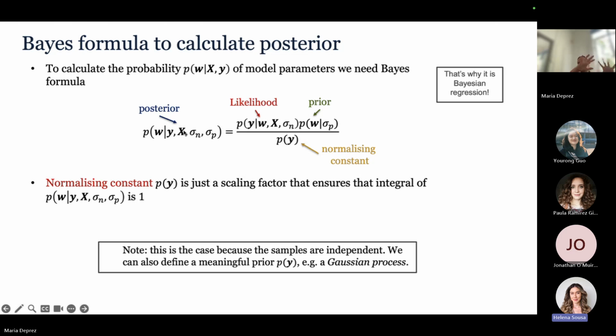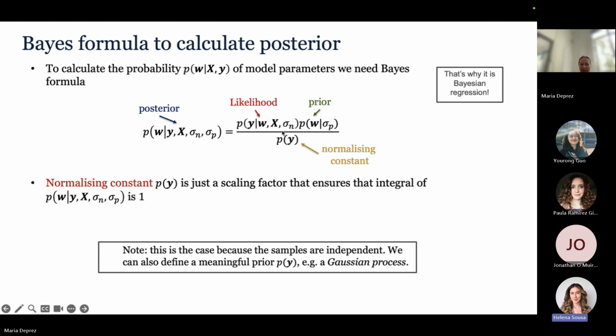And the whole distribution gives us the probabilistic solution, like the whole distribution of solutions. This is not yet the functions, this is the weights only, so this is the posterior on the parameters. I will show you in a bit the predictive probability distribution, so we can further work on this to get to the space of the functions that Helena was showing. But this is just the probability for the weights.